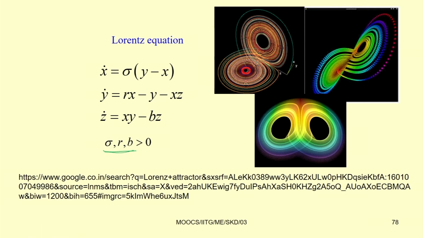By changing sigma, r, b you can observe many interesting phenomena and curves. These types of curves are known as chaotic curves, and these responses are known as chaotic response. Later in this course we are going to study in detail what chaotic response means and how to distinguish it.